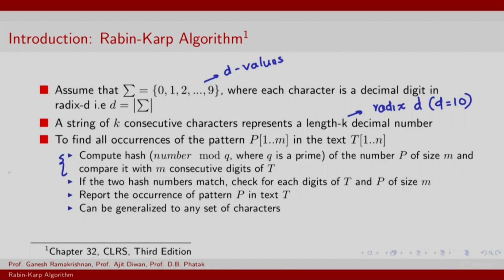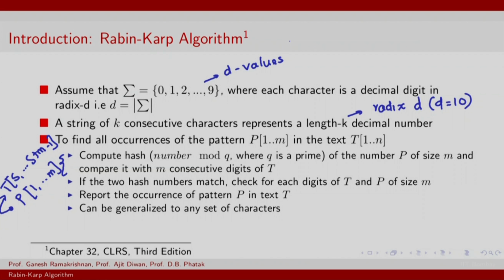One could actually look at the decimal or radix D representation for the text, say starting at position S and ending at position S plus m minus 1. Compare that with the pattern starting at position 1 and ending at position m, and one could actually check whether the radix D representations for T and P are exactly the same. However, this can be expensive.